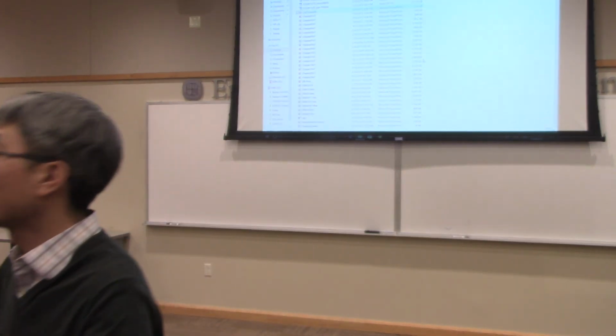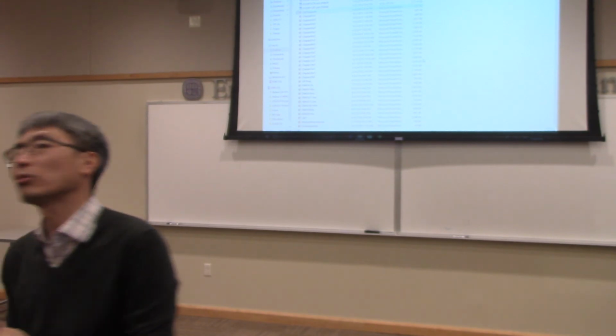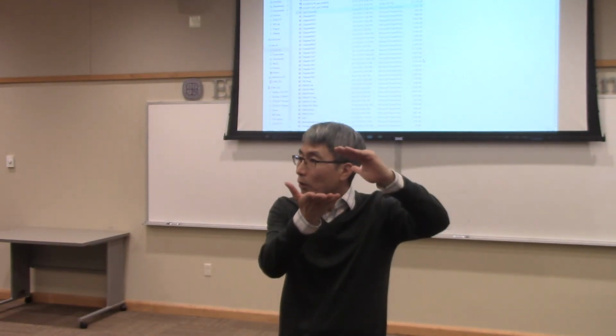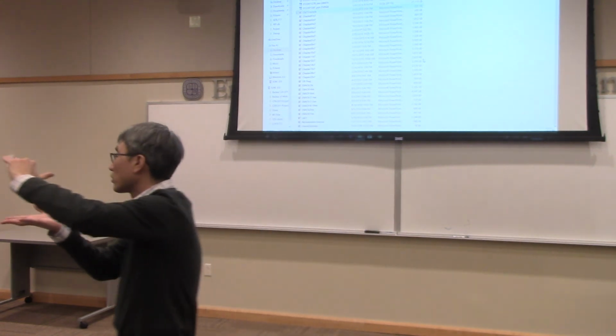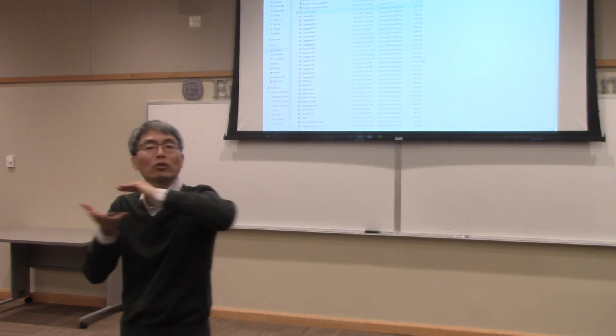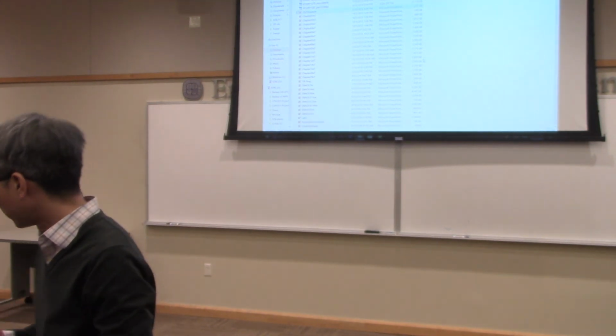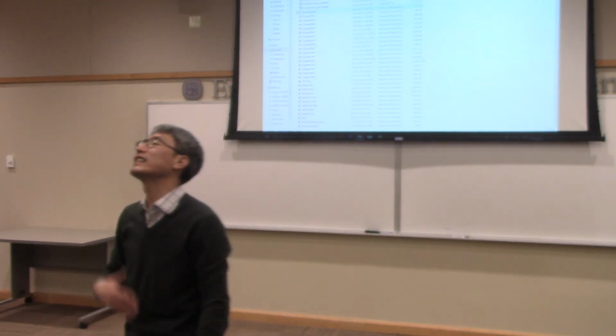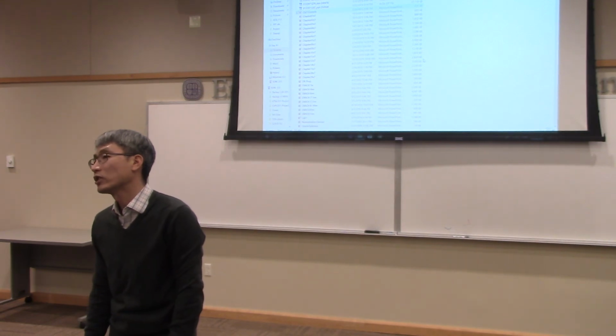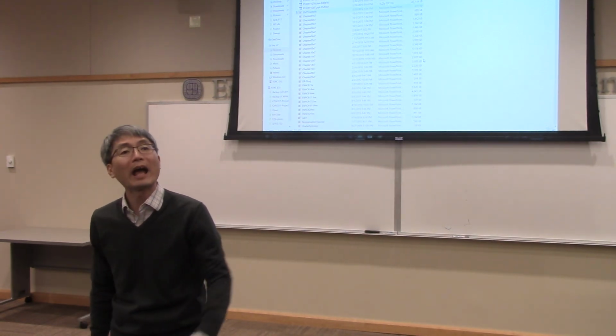Because of such an impedance mismatch, we need to do two steps of programming: the SQL part and your host programming part. There are different approaches for such programming. One is the embedded approach, you can plug in, or library-based and component-based, and so on. Nowadays it's getting easier and easier, which means it's at an abstract level.